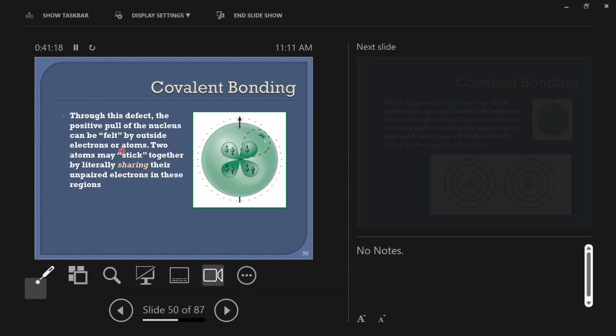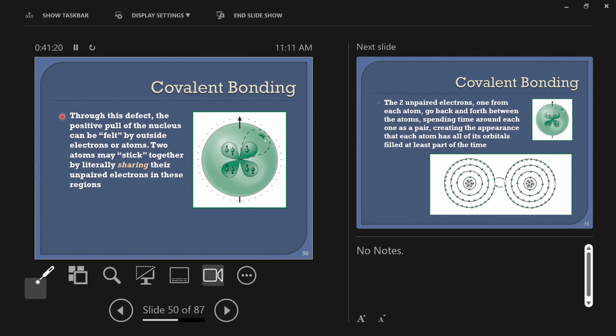Through this defect, this net tiny amount of positive charge, the positive pull of the nucleus can now be felt by outside electrons or atoms. Some nearby atom and its electrons are going to be pulled on by the nucleus of this atom.